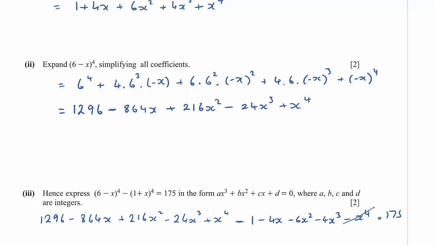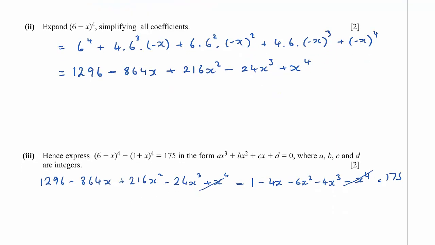Okay, so the x to the 4s are going to go. Now, as far as x cubed are concerned, we've got negative 24 of them and negative 4, so that's negative 28x cubed. And then let's look at the x squared.